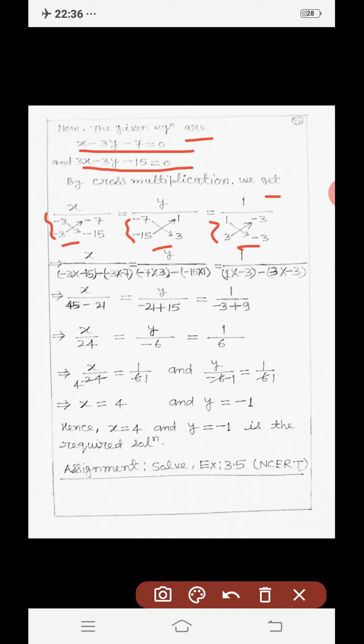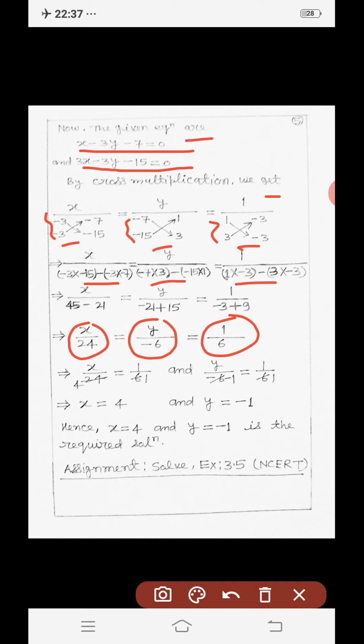We get x/((-3)(-15) - (-3)(-7)) = y/((-7)(3) - (-15)(1)) = 1/((1)(-3) - (3)(-3)). After solving, we get x/24 = y/(-6) = 1/6.